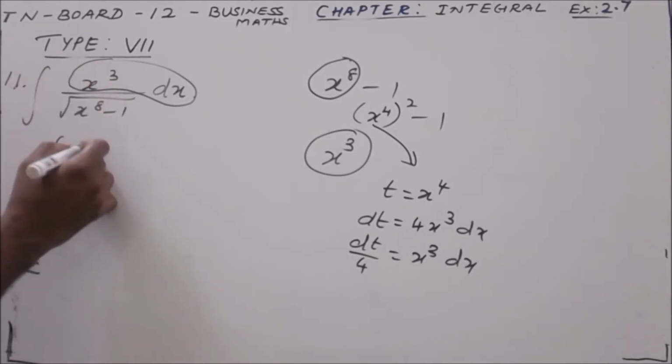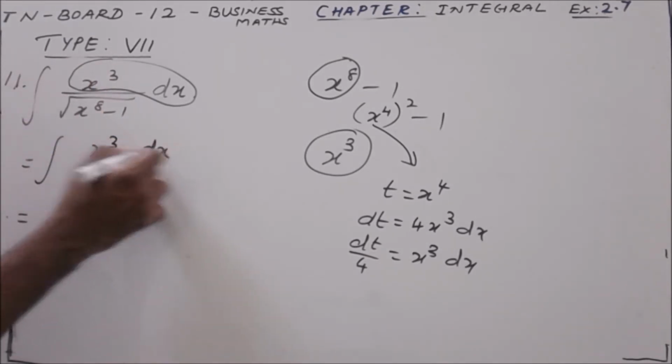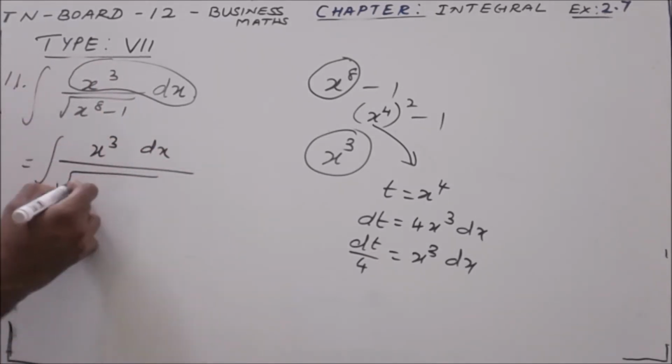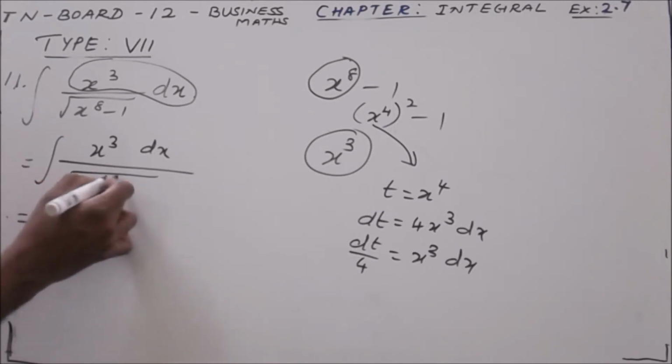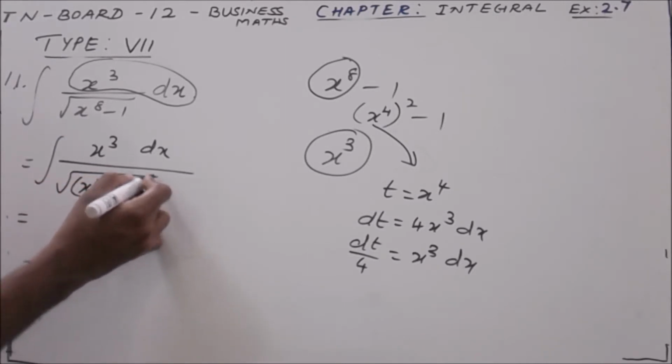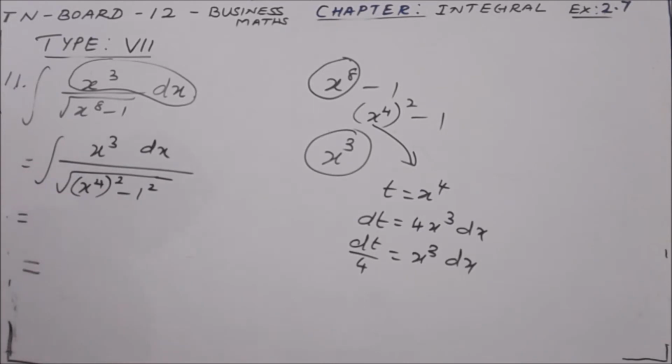Now rearrange this: x cube dx divided by root of x power 4 whole square minus 1 square, difference of 2 squares. Directly we cannot go with the formula because here x power 4, here x cube appears.